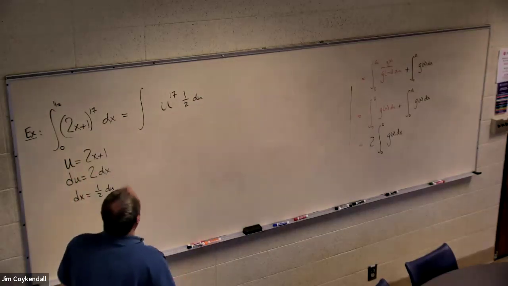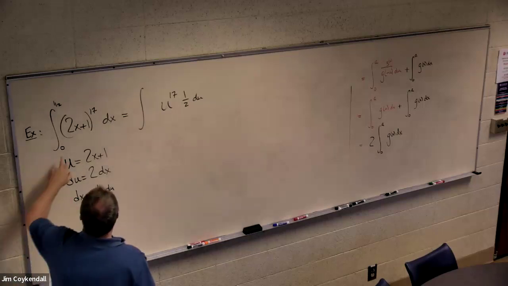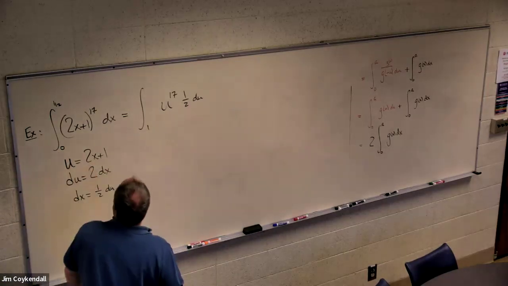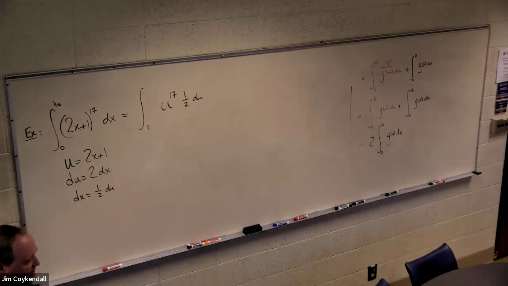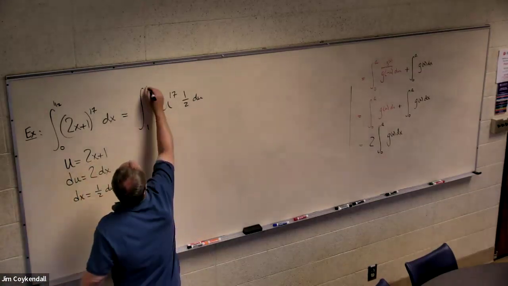Oh, I have to change my limits. What's my new bottom limit? In the old days, x is 0, so you should get 1. What's my new top limit? 2. Put in 1/2 for x, I get 1 plus 1 is 2.